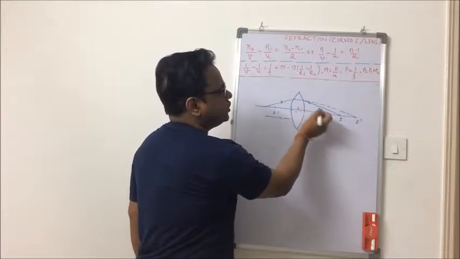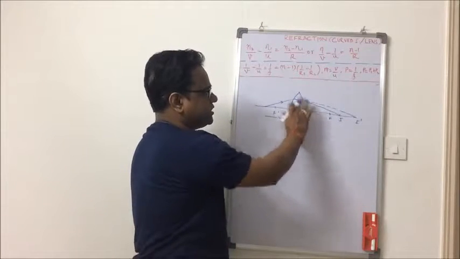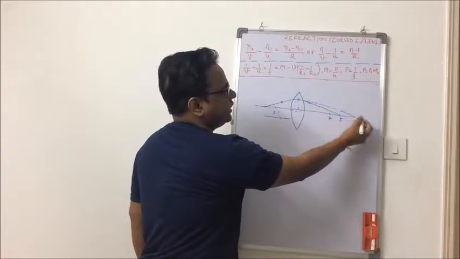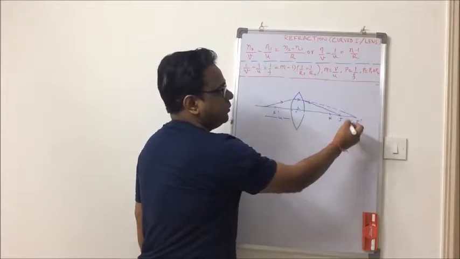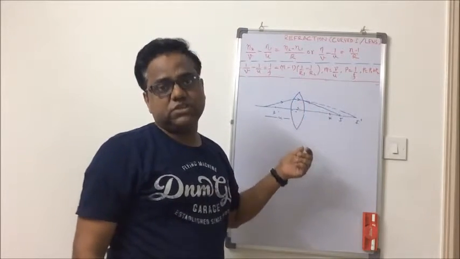So the final image would be formed at I, but if you imagine this second surface is not there, then you extend this ray straight, and the intermediate image could be at I dash if the second surface was not there.